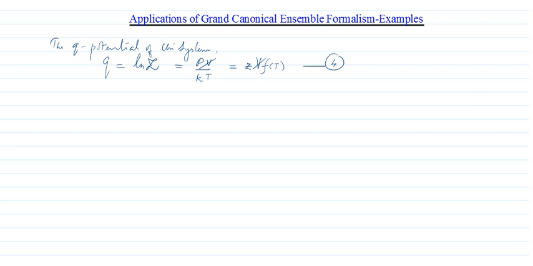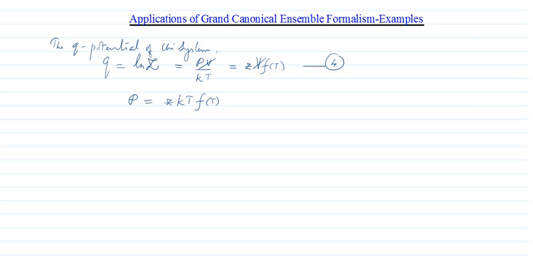Now cancelling those two things, I will be getting one more equation for the pressure of the system. That is equal to, I can cross multiply, z into KT, multiplying KT on the other side, times f of t. Remember already that one temperature dependence has come from KT, and there is yet another temperature dependence that comes from f of t, which is defined as a function of temperature alone.